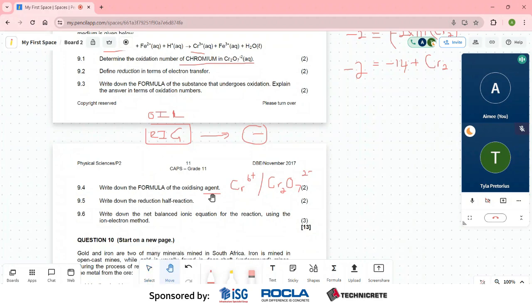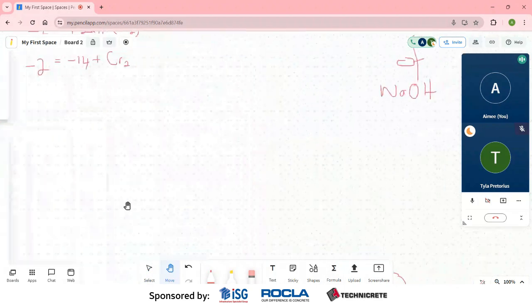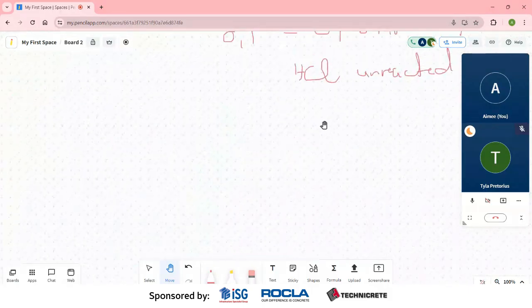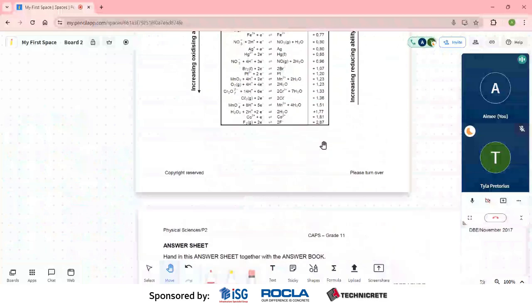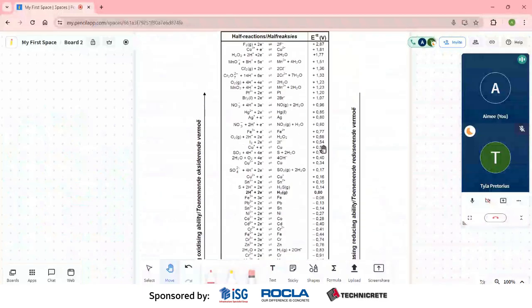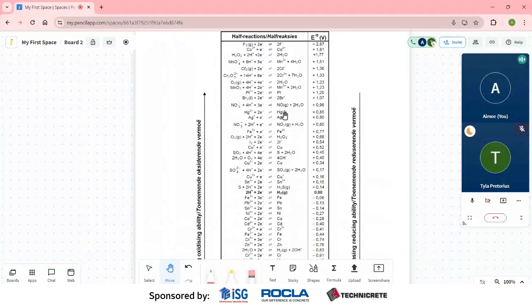Okay, so this information you are going to find on your formula sheet. You are going to go to your table of standard reduction potentials and look for the half reaction of Cr2O7. So we start looking. Cr2O7.